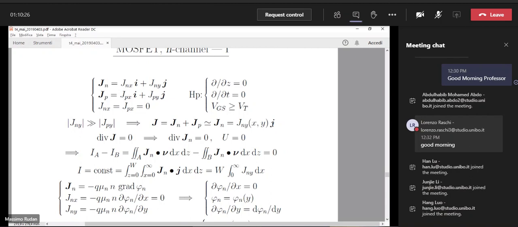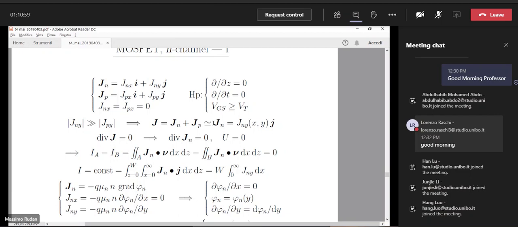of the y-axis, okay? The property of being unipolar is fundamental because if J, the total J, is equal to Jn, that means that the divergence of J must be equal to the divergence of Jn, because the two vectors are equal to each other.